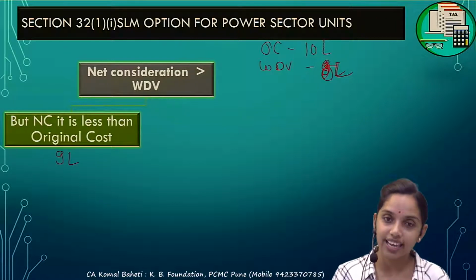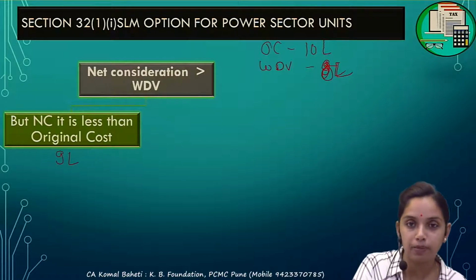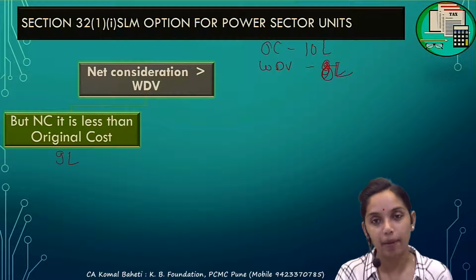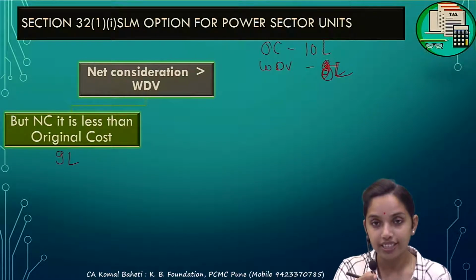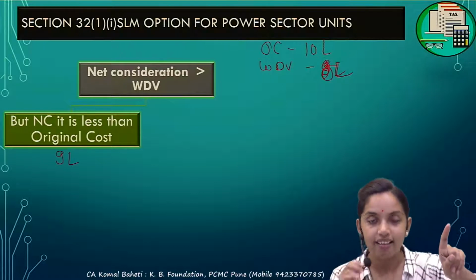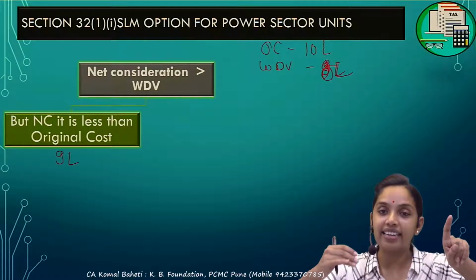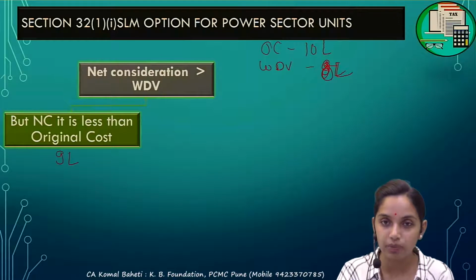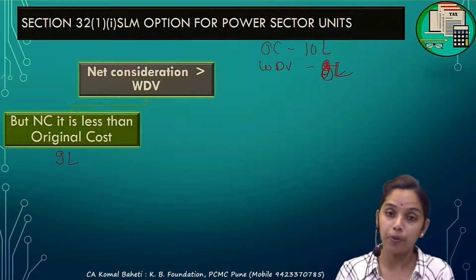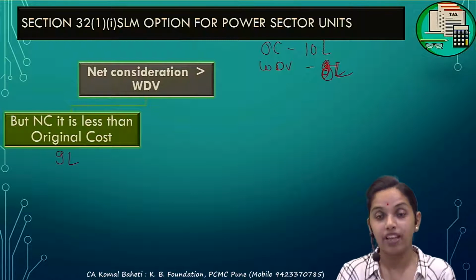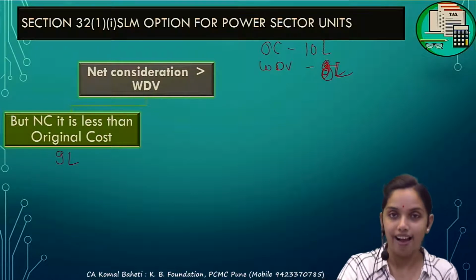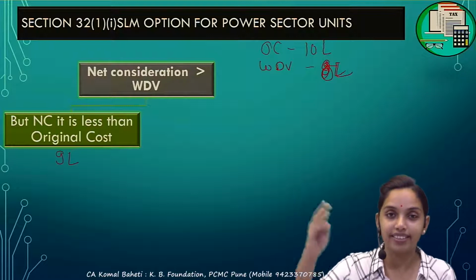The question arises whether it will be taxable under the PGBP or it will be taxable under the capital gain. So PGBP says that I had allowed you deduction. You had purchased at 10 lakh. How has it become 8 lakh? I had given a deduction of 2 lakh under the PGBP. Correct? So up to 2 lakh, any gain is there, that is to be taxable under the PGBP. If the gain exceeds the 2 lakh, then only it should be taxable under the capital gain.